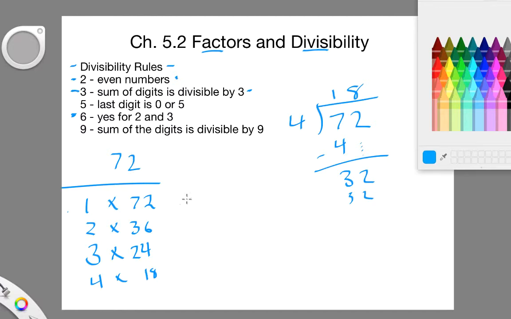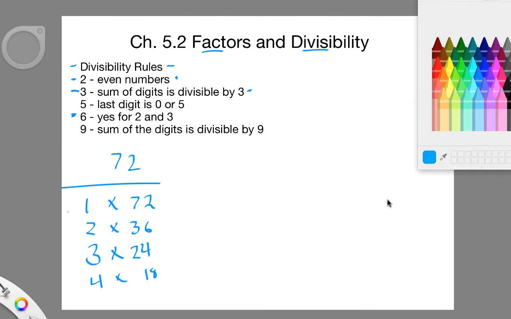The 6, we're going to do 6 because we already showed that we said yes to 2 and 3. We said yes to 2 and 3, so we should be able to say yes to 6. 6 times something is 72. So again, long division. 1 times 6. 2 times 6.